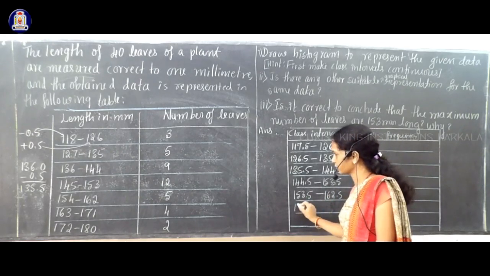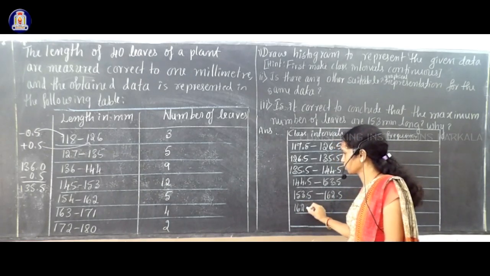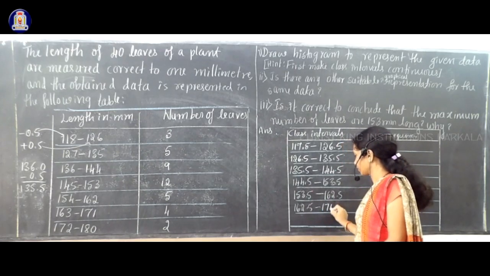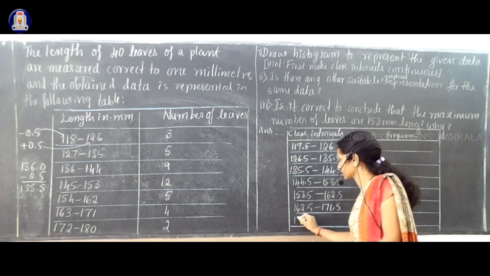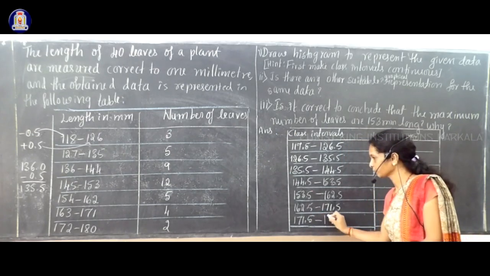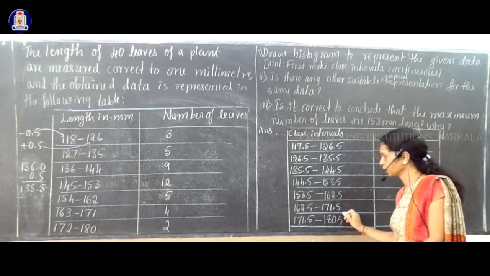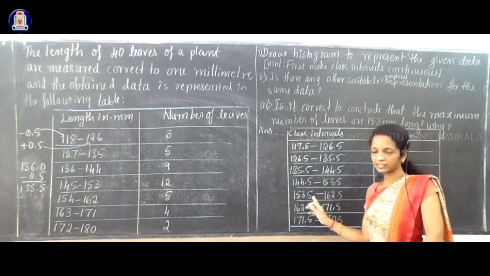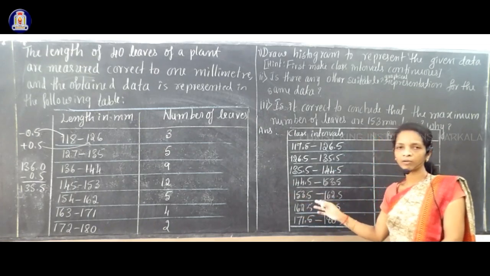Like that, the next class interval will be 162.5 to 171.5, and the next will be 171.5 to 180.5. Do these calculations yourself and check that you get these class intervals.